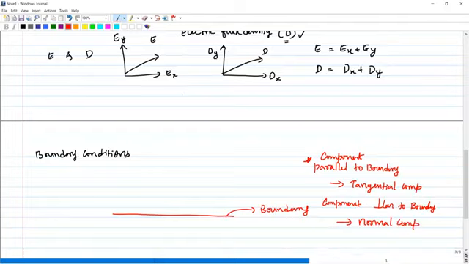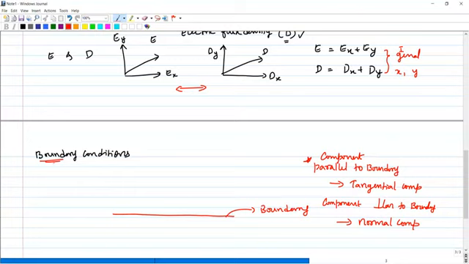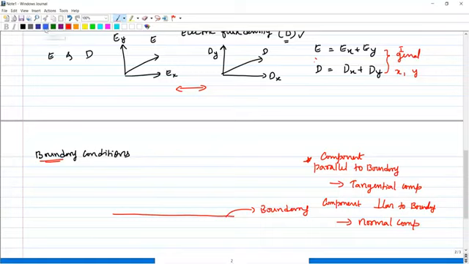We will do some modifications for this resolving of the vector quantity. Earlier we have generalized; in general we resolve with respect to x-axis and with respect to y-axis. But here, since we are going with boundary conditions, we are going to express the resolving of these components with respect to the boundary. Okay, so see here, now I'm going to draw this vector.